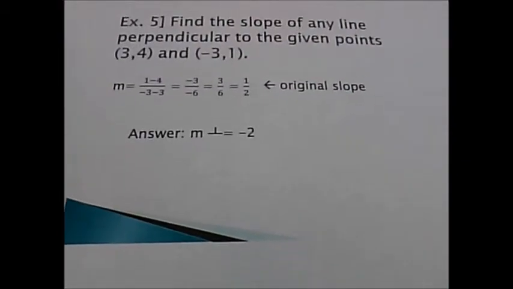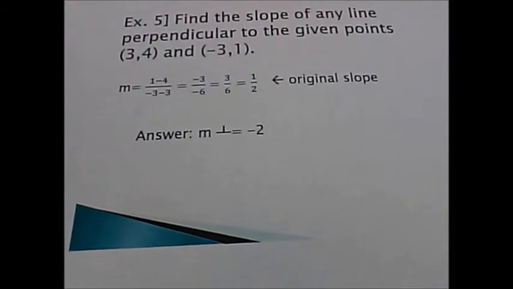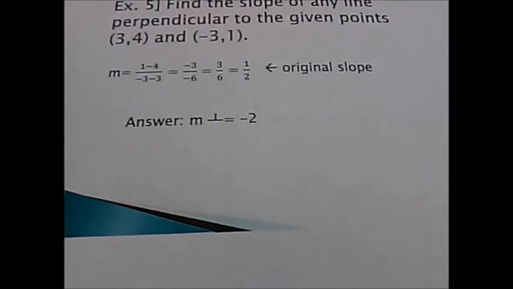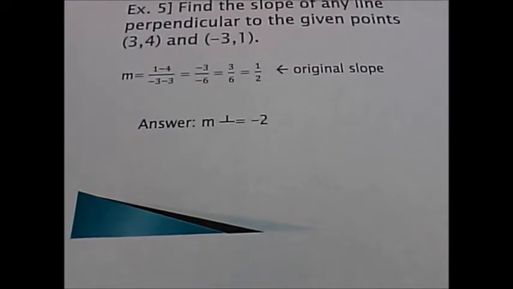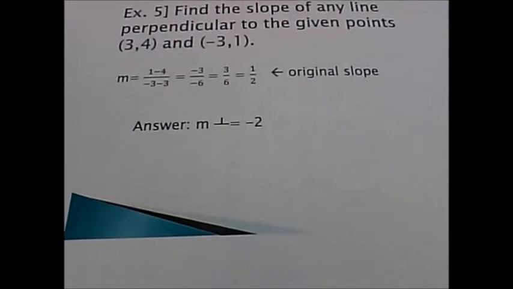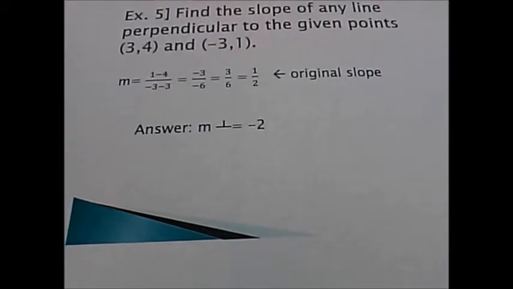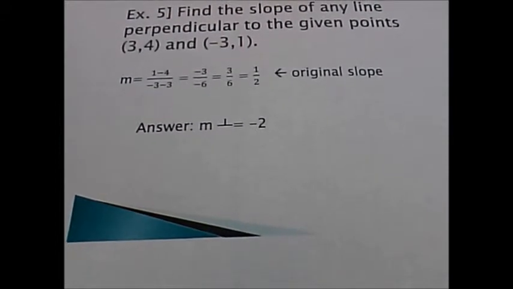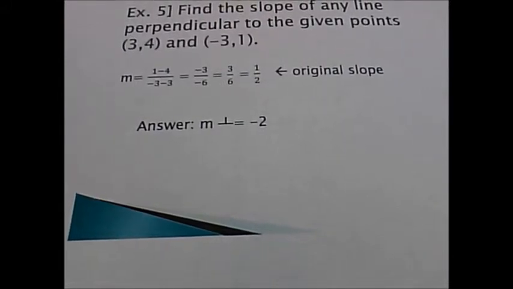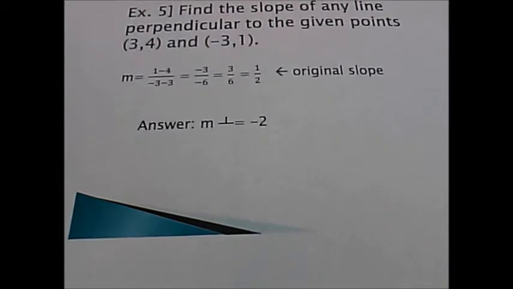Example 5. Find the slope of any line perpendicular to the given points (3, 4) and (negative 3, 1). Right there they're giving you the points, so you're going to have to use the slope formula and solve it to get the slope. It would be y2 minus y1 over x2 minus x1.